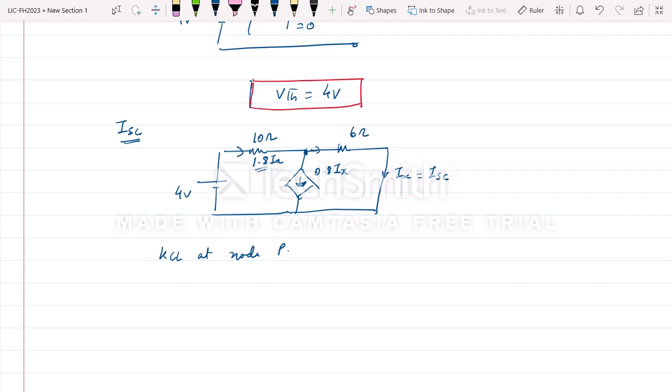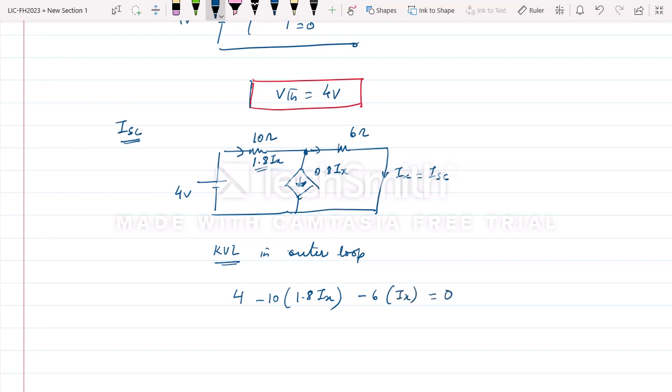Now we will not apply KCL, we will apply KVL in the outer loop. That will be easier. I am applying KVL in the outer loop, so plus 4 minus 10 into 1.8 Ix minus 6 into Ix, because Ix is going through this branch, equals 0.